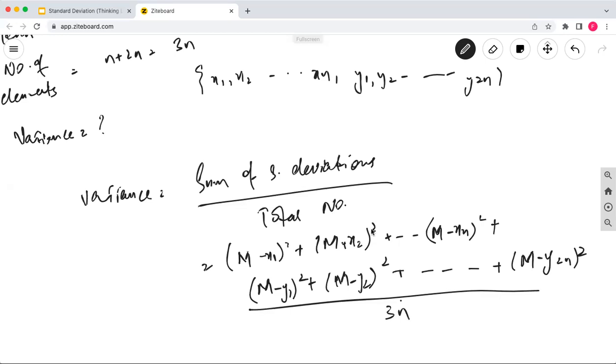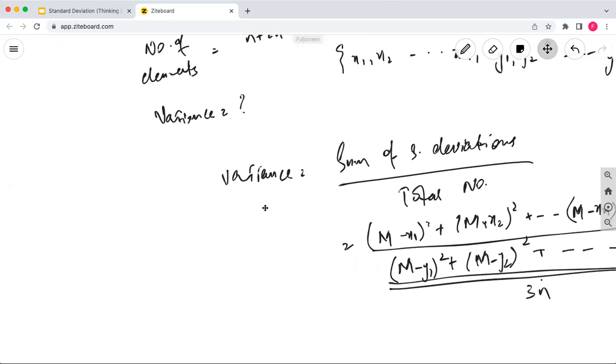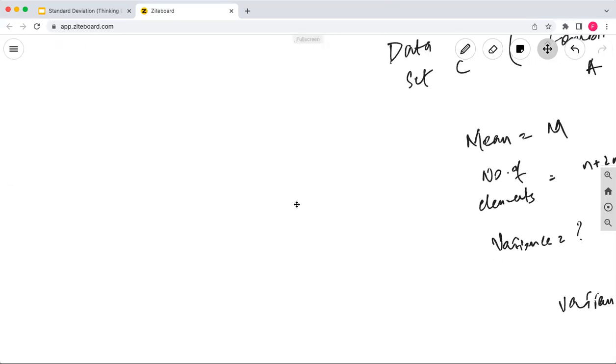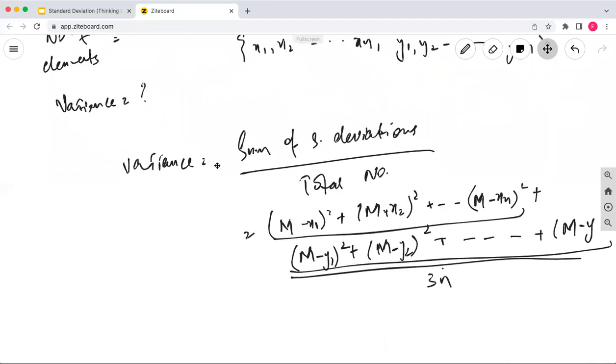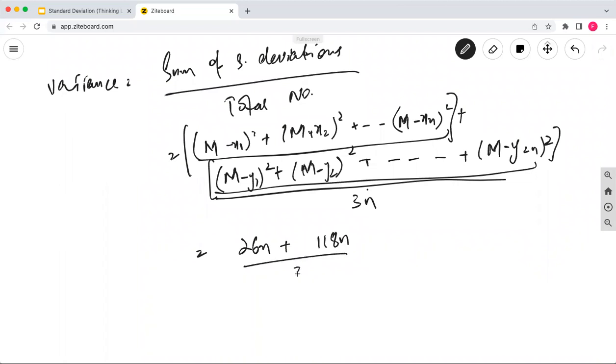Now if you see this closely, we already know both of these values. This is from the first data set when we used the formula, and this is from the second data set when we used the formula. In the first data set, this value came out to be 26n, and this value came out to be 118n, divided by 3n.